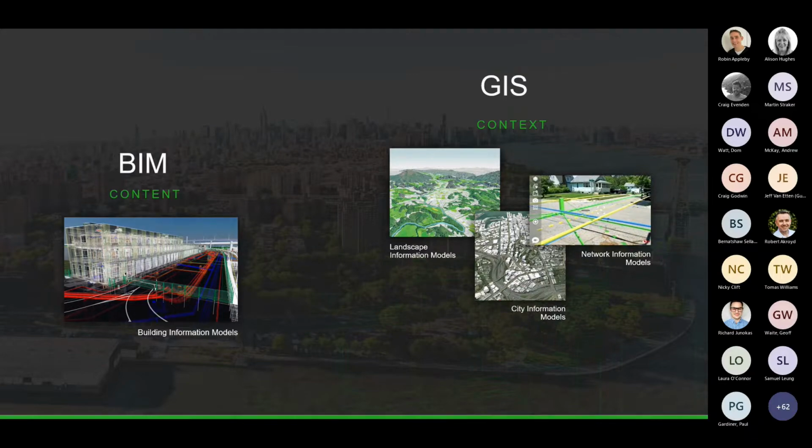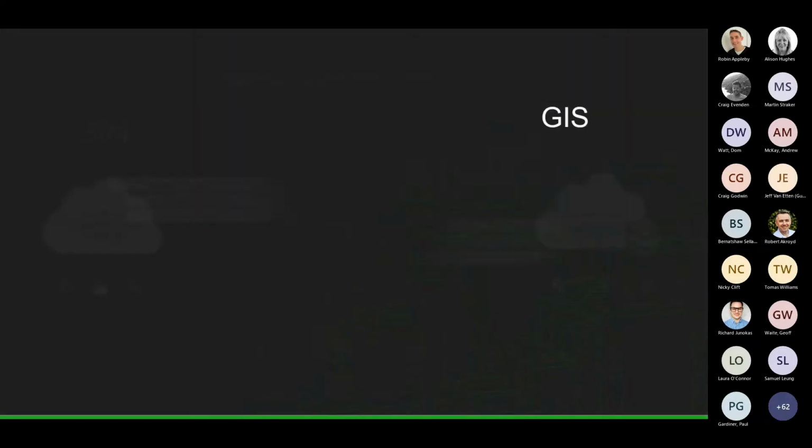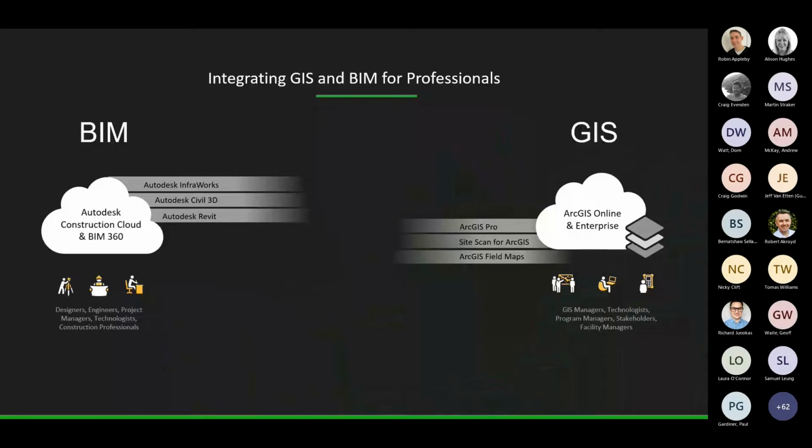So we want to bring together these two worlds of BIM and GIS, or design and GIS. And as Craig was highlighting earlier, we have been making progress on this over a few years, working closely with Autodesk. So if we look at the left-hand side of this diagram here, we've got the Autodesk world where there are a number of different desktop products such as InfraWorks, Revit, Civil 3D.